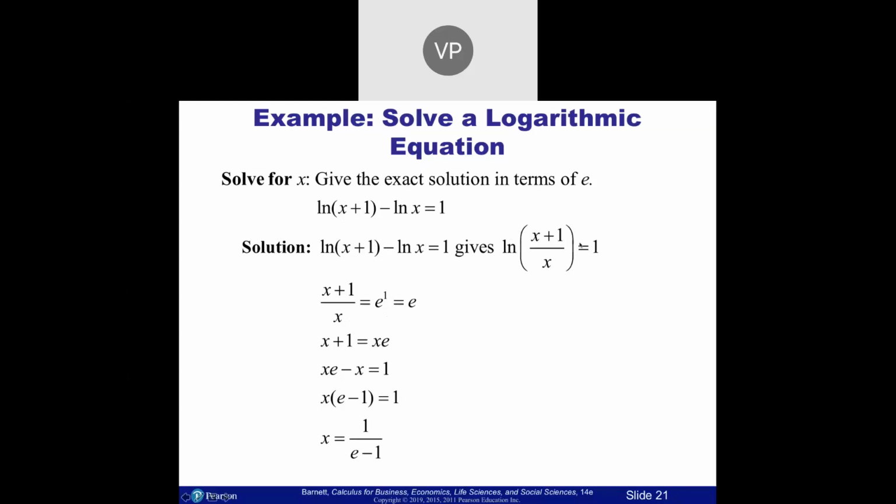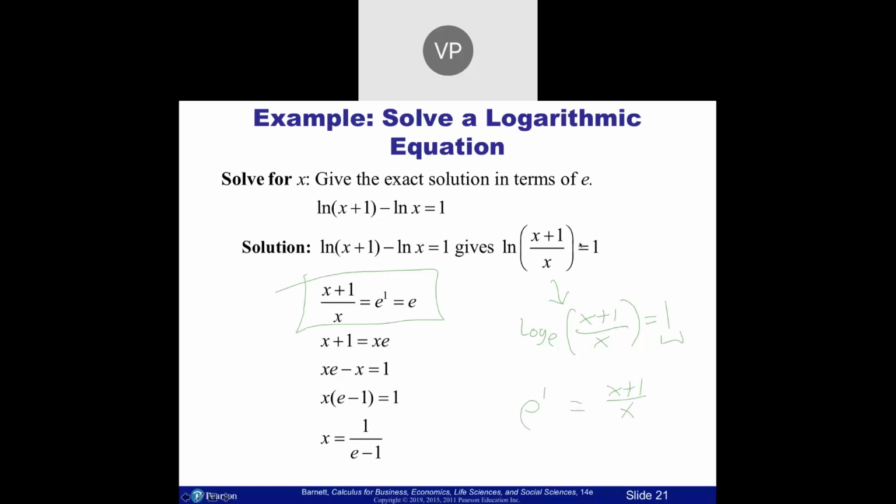Now the part that you don't see here in this step is that this is the same as log base E. Remember, that's what natural log means. So this is in log form. I'm going to switch this to exponential form, which means take my base, bring it to this power over here, and that's going to equal all the stuff on the inside. That's how they got this line right here.